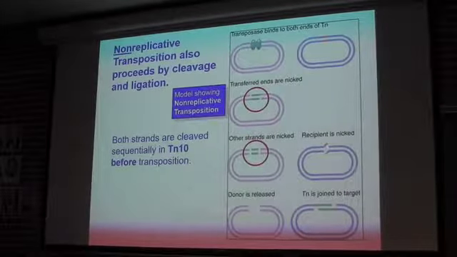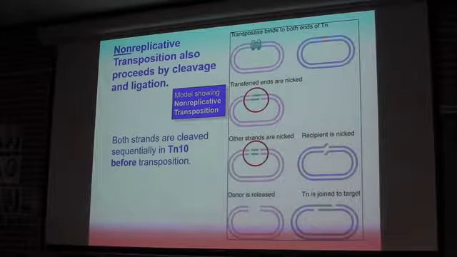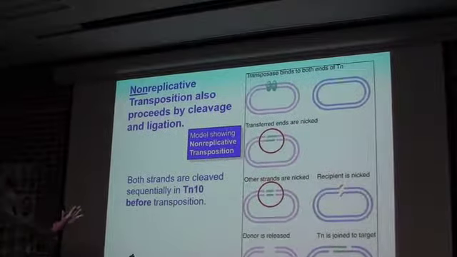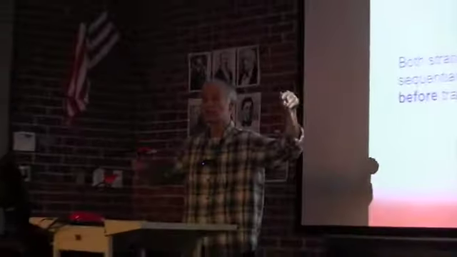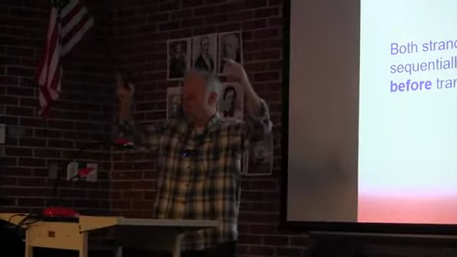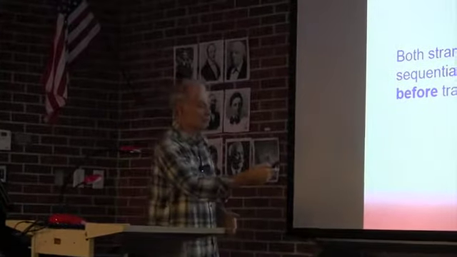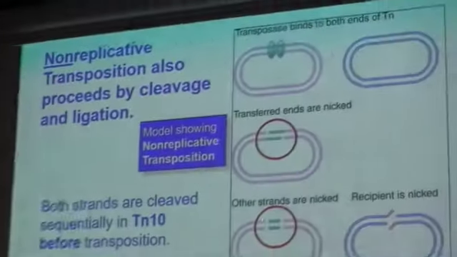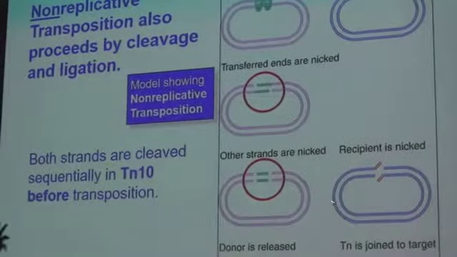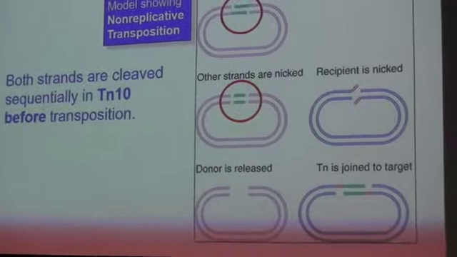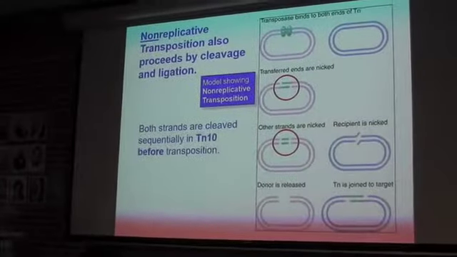Well, cleavage and ligation is simpler. What you get is, before there's a transfer, you get both strands cut on either side of the transposon. It's totally cut out before it begins to search out the target and insert itself. That's the only difference.